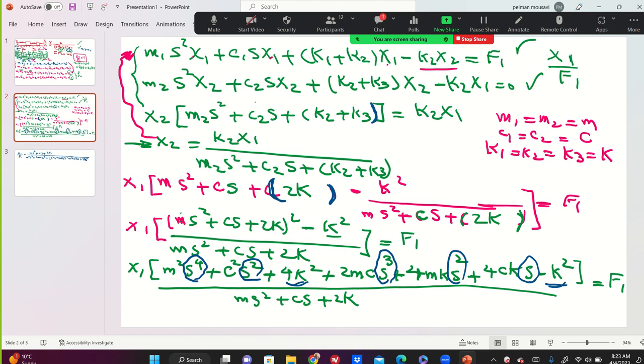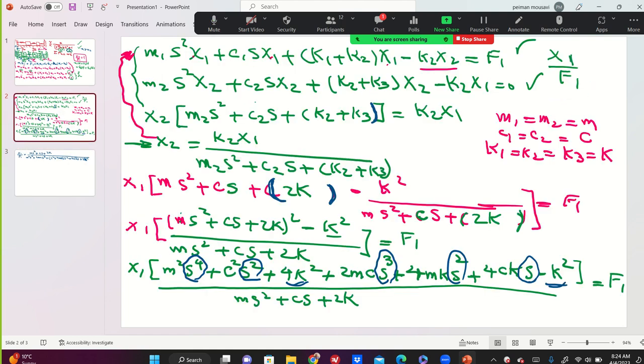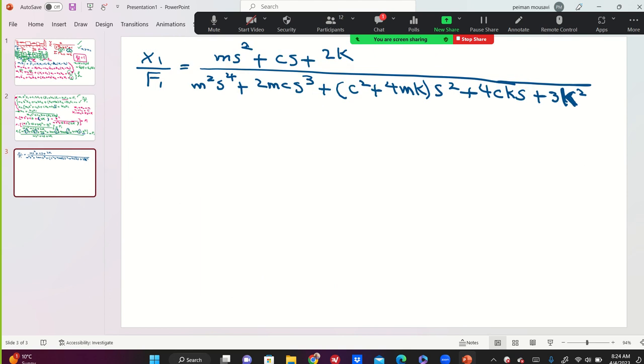Just give me a second. Yeah, no worries. So it's going to be m squared s4 plus 2mc s cube plus 4mk plus 4.